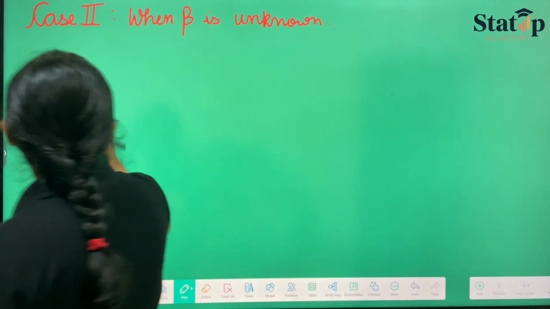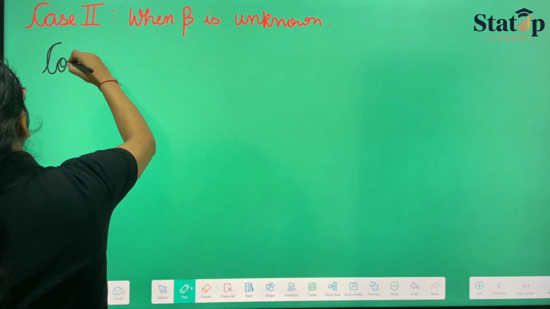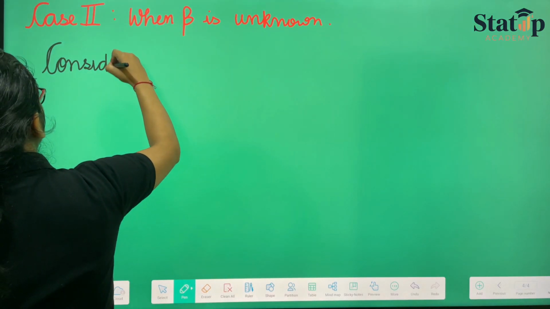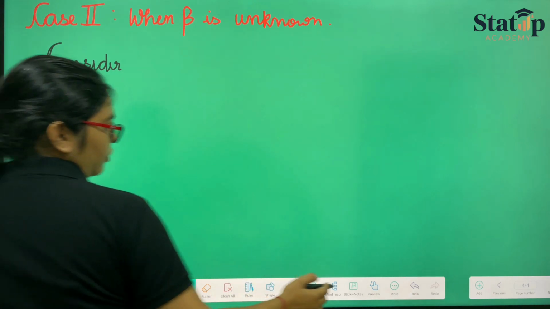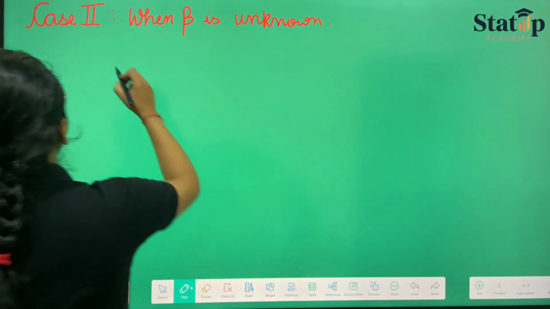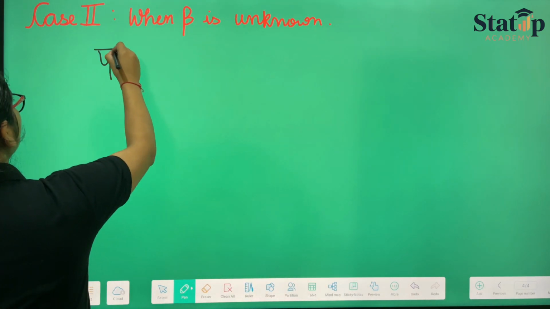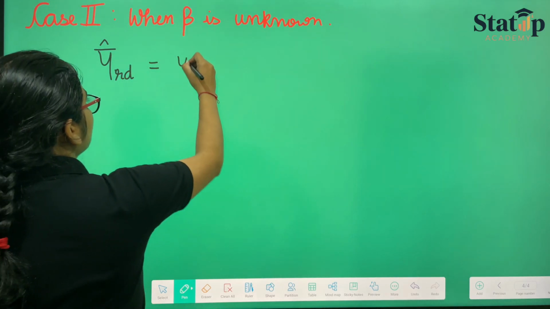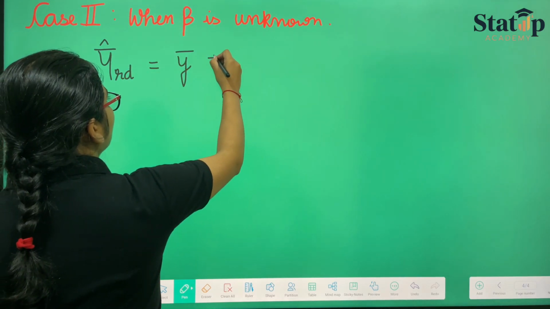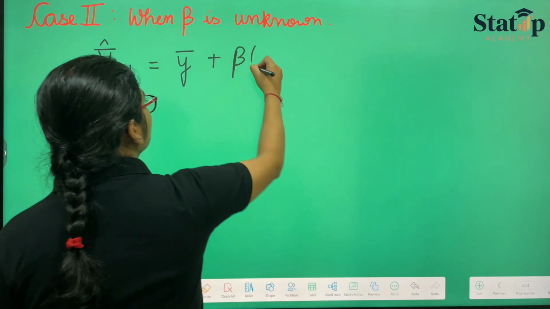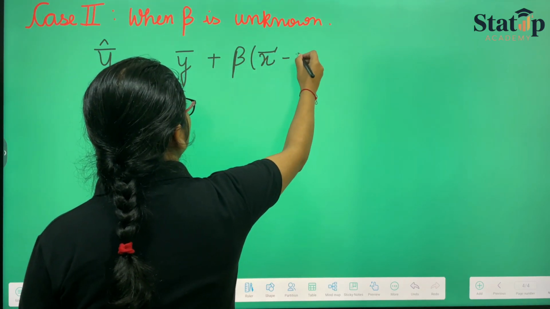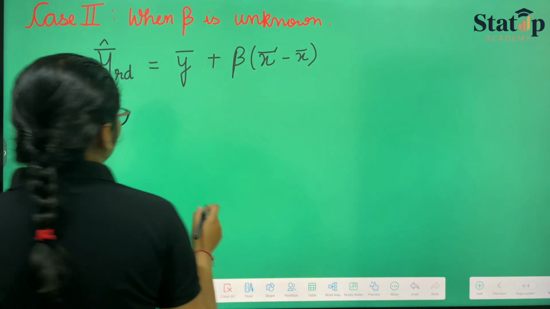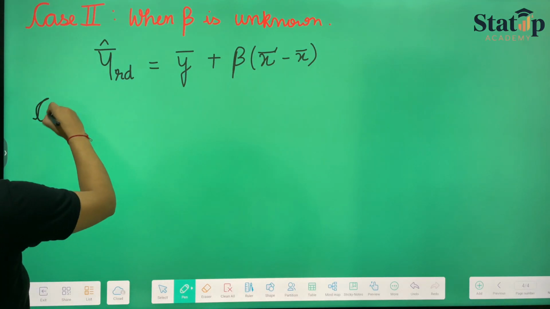Let us consider the regression estimator given as y bar plus beta into x bar prime minus x bar.